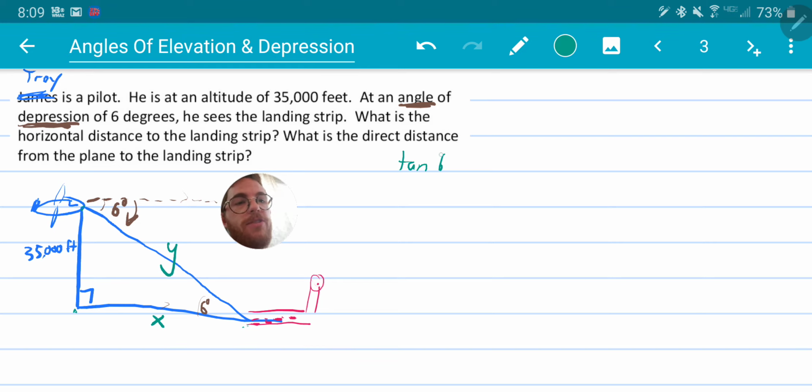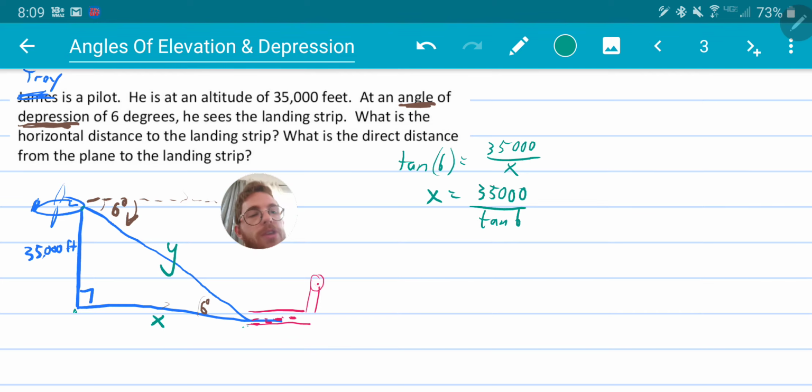So tangent of 6 degrees equals opposite over adjacent. And since our variable's down low, we're going to switch. X equals 35,000 divided by tangent of 6.